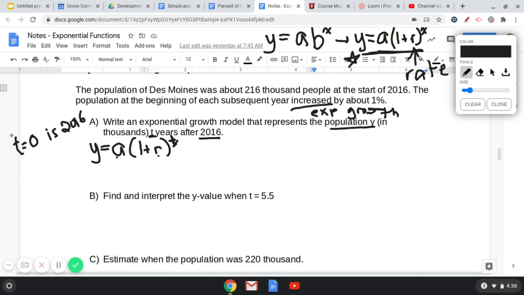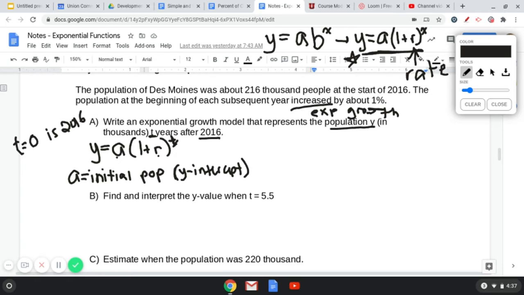And let's talk about a. This value a equals the initial population, the initial amount, because this a value is the y-intercept, or the population at time equals 0.